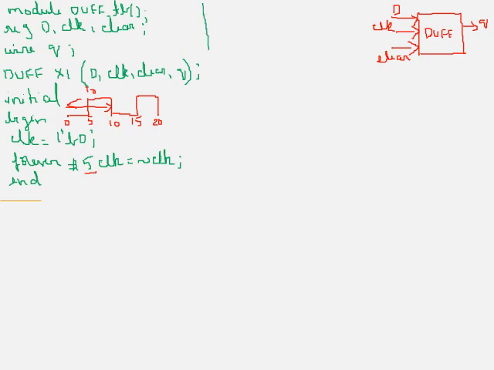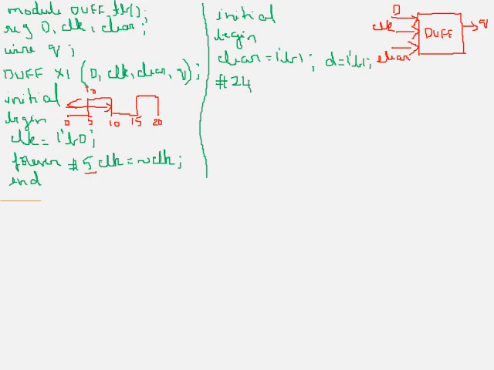Now we will proceed to write the initial block for applying the clear signal. So initial begin, first I will initialize clear to 1, that is active high, and make D equal to 1. Later, say after 24 time units, I am giving some random numbers, I will make clear equal to 0.